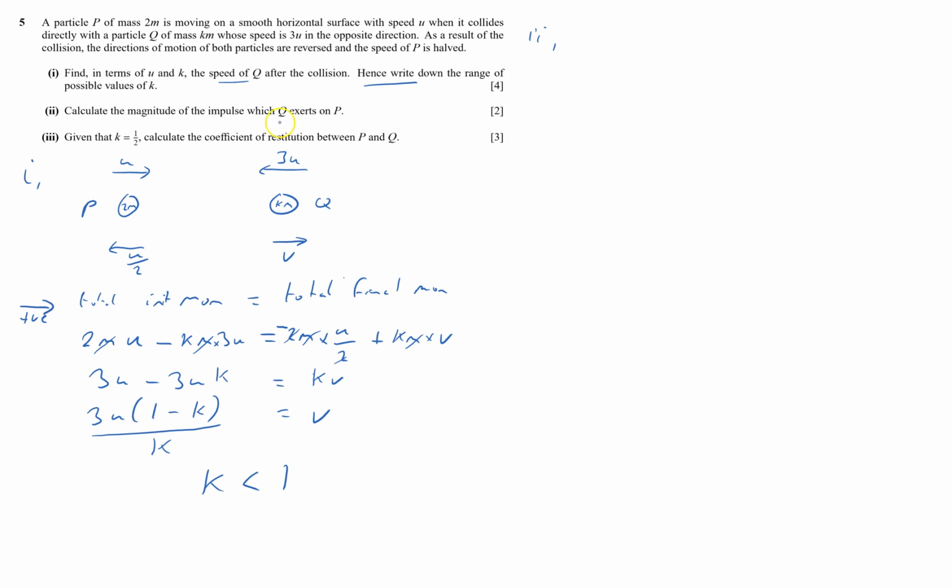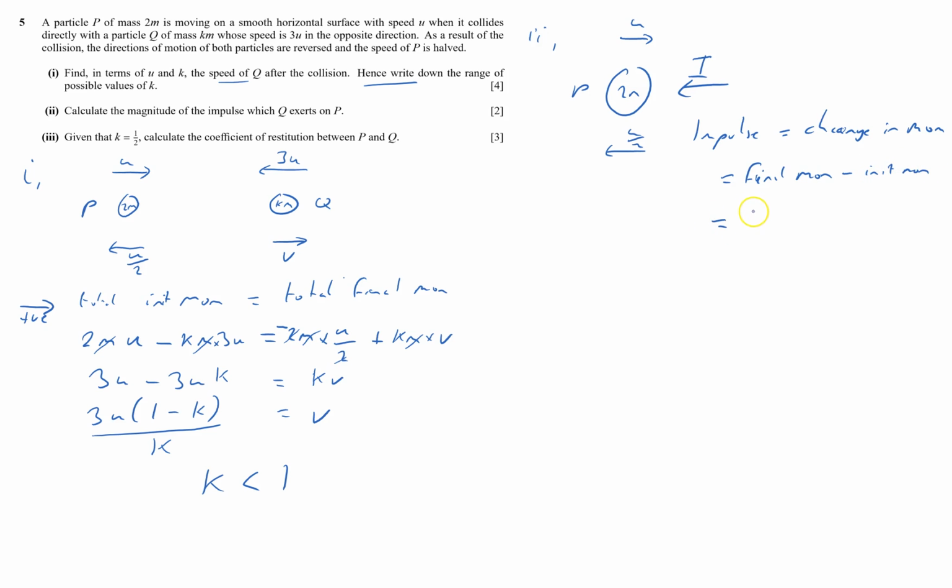Calculate the magnitude of the impulse which Q exerts on P. So I've got P is this one, that's 2m, initially u, that goes to u over 2, and we've got the impulse going that way, impulse of Q on P, and the impulse equals change in momentum. And don't forget that it's important to remember direction matters. So that is final momentum minus the initial momentum.